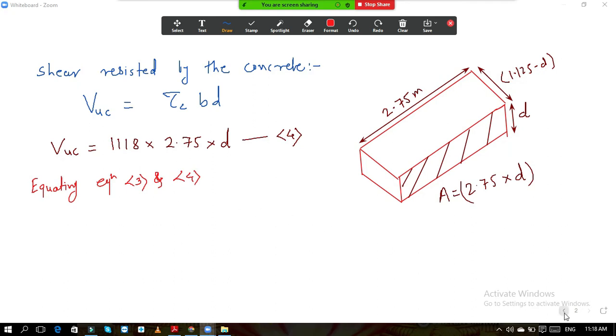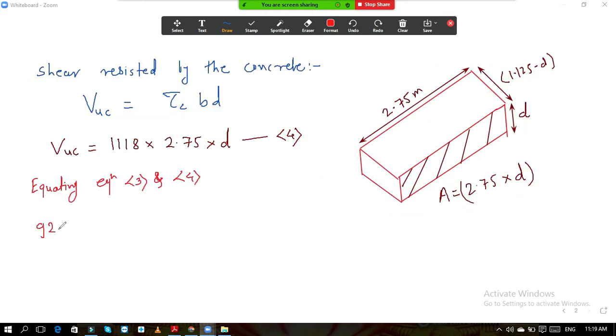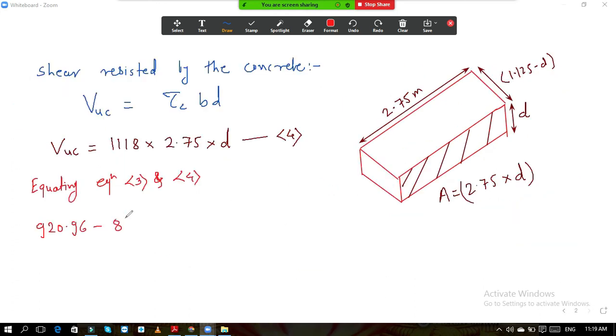So if we equate this, then the equation is 920.96 minus 818.59D, which must be equal to 1118 into 2.75 into D. Okay, so now you can solve this equation.